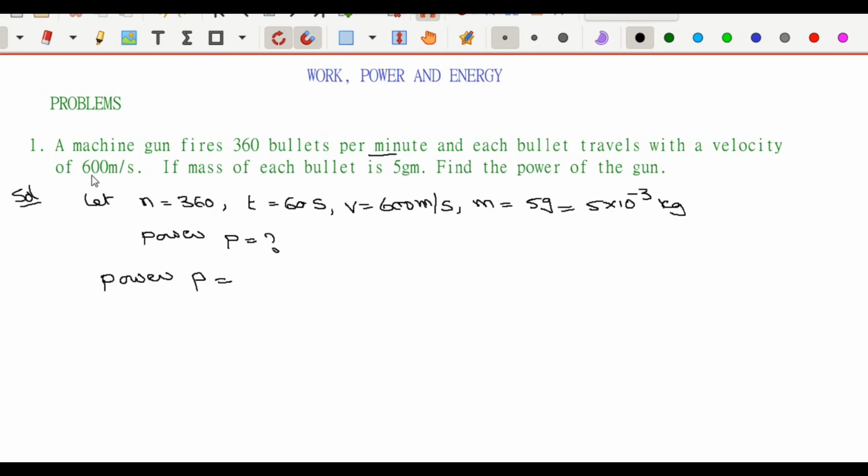Here velocity is present, so we have to take the kinetic energy, that means half mv square by t, energy by time. This formula stands for one bullet, but we have n number of bullets, so multiply this formula with n.